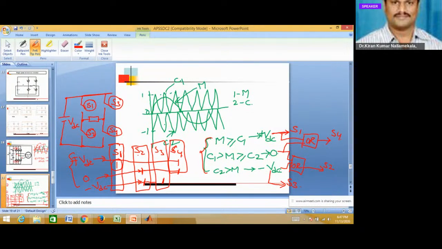VDC and also the zero voltage level. In both the cases it has to operate.